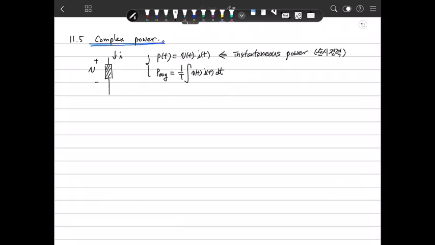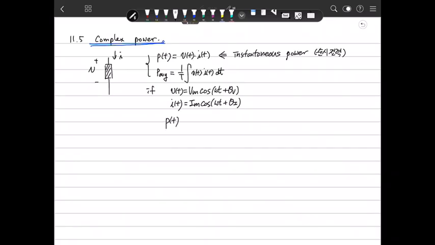In the case where the voltage and current are sinusoidal, v(t) is Vm cosine(omega t plus theta V), and the current i(t) is Im cosine(omega t plus theta I).